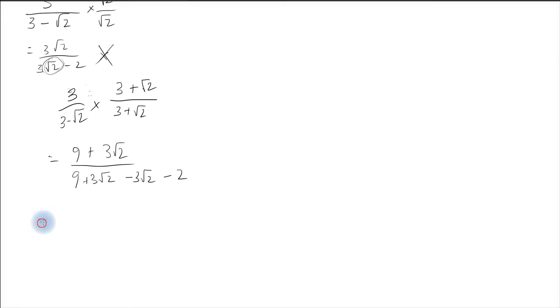Now do you notice that these two terms with surds in the denominator are going to cancel each other out. So we're going to have 9 plus 3 root 2 divided by, now those have been cancelled out, 9 minus 2, 7 on the bottom. So now our denominator is rational, so we have rationalized the denominator.